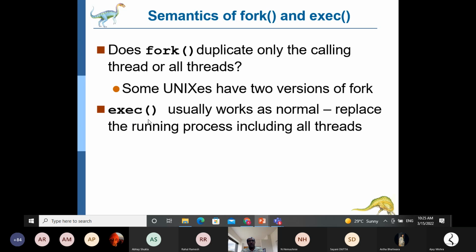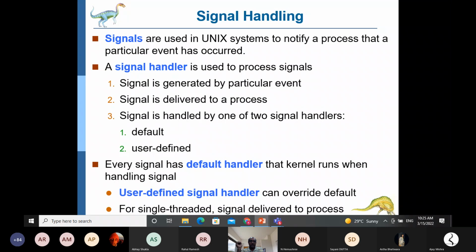If exec follows fork, then fork will create a process with only a specific thread. Whereas if fork is not followed by exec, then fork will create the process which contains all the threads of the parent process. So the implementation of fork will be slightly different from the normal process.